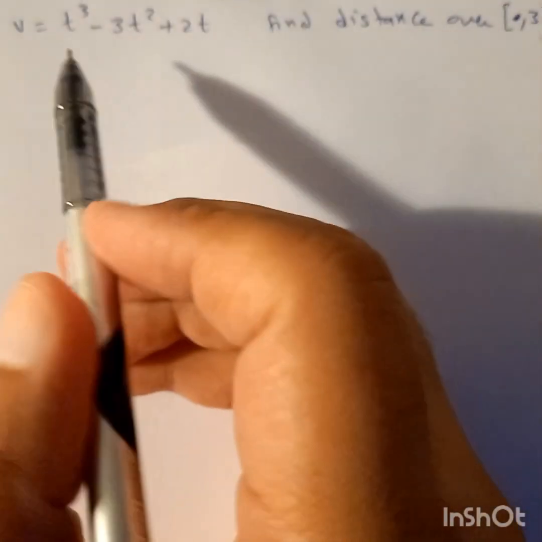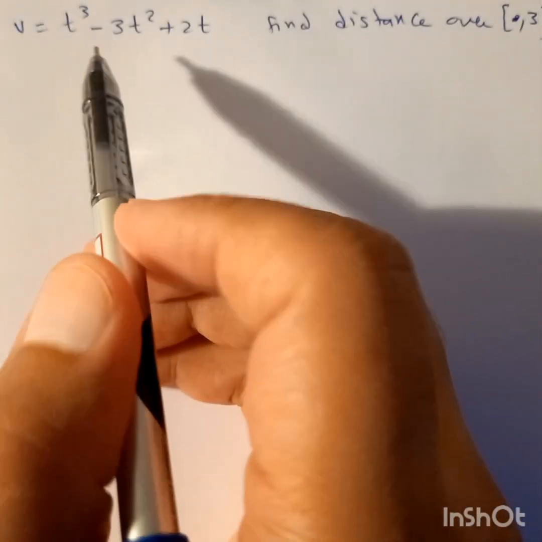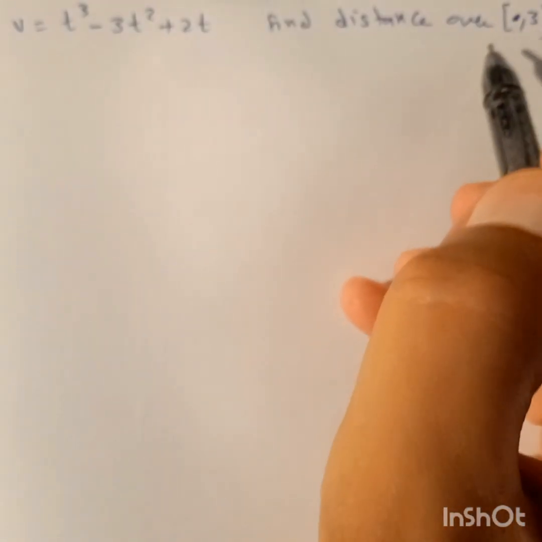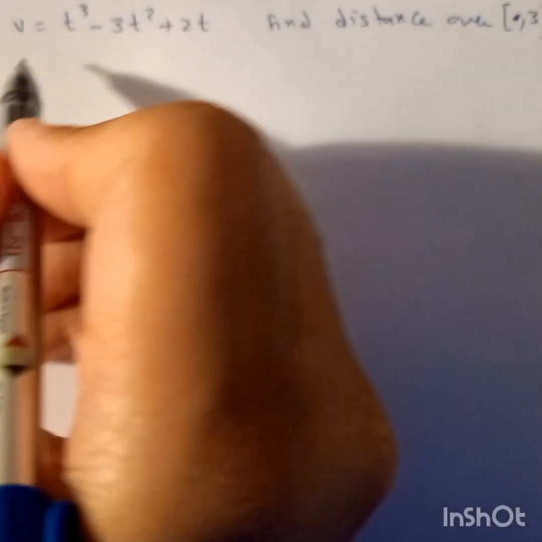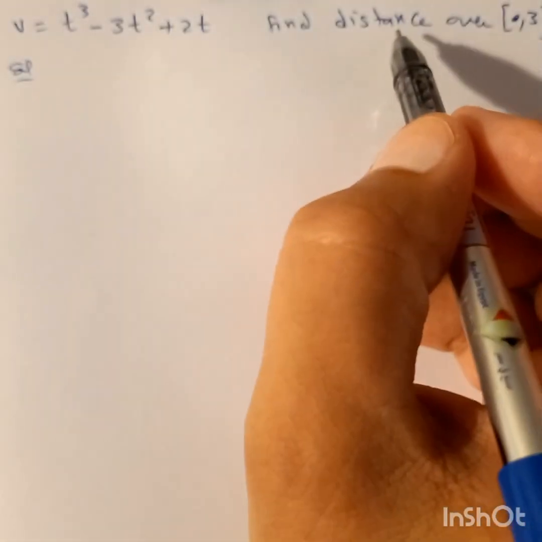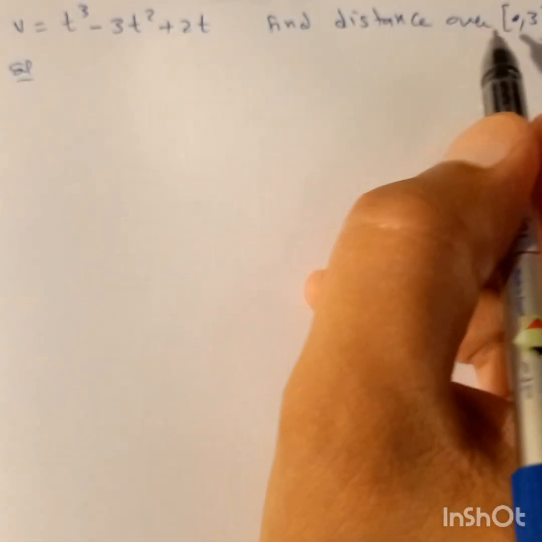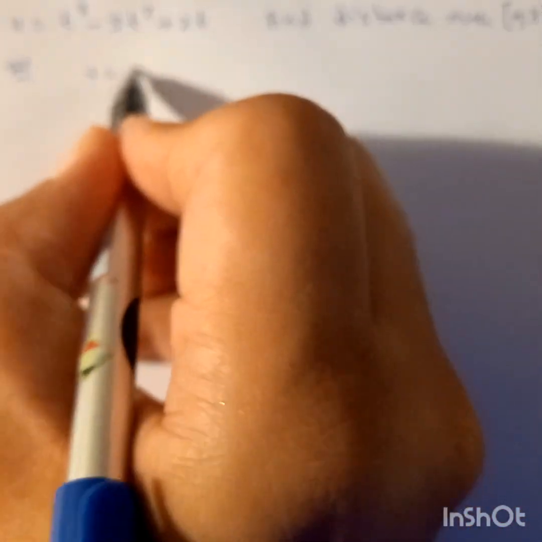We have another example. If velocity v equals t³ minus 3t² plus 2t, find the distance over the time interval from 0 to 3. Okay, as it's required to find distance, we need to find if the motion direction changed or not during this time interval, when v equals 0. Then first we'll find when v equals 0: t³ minus 3t² plus 2t equals 0.